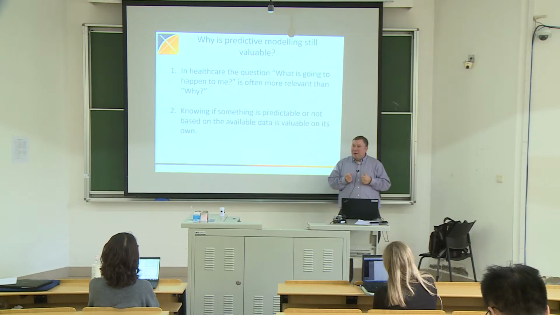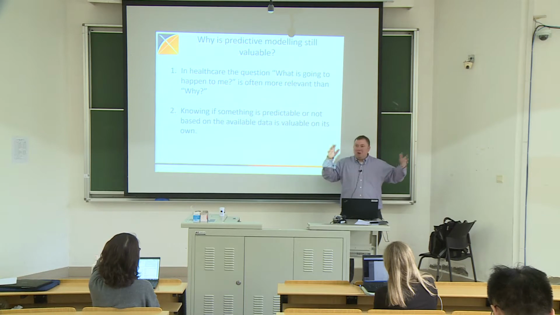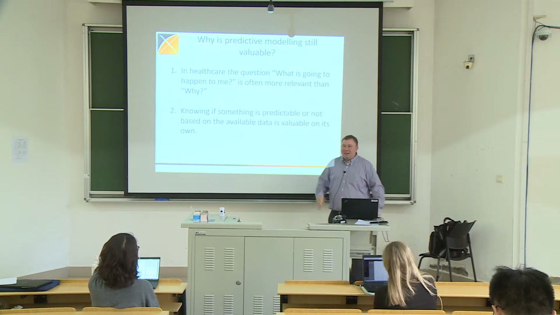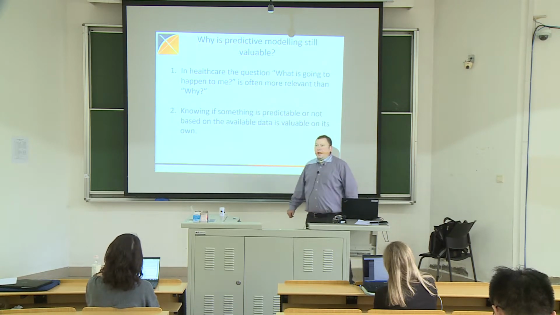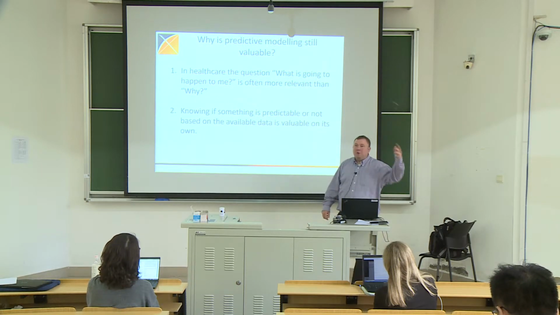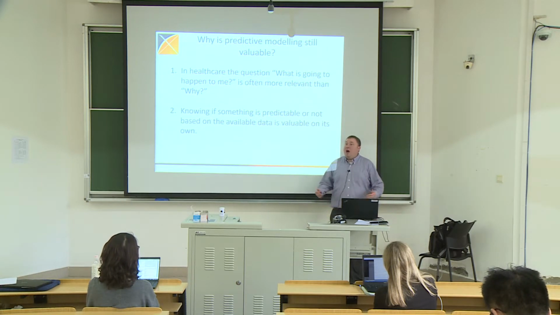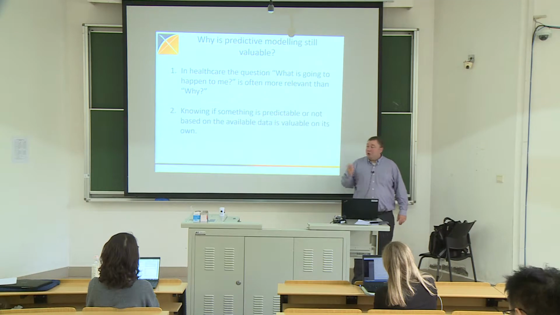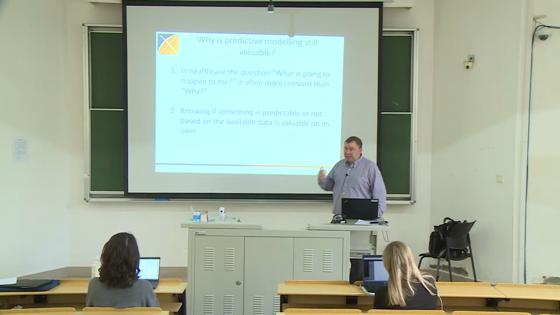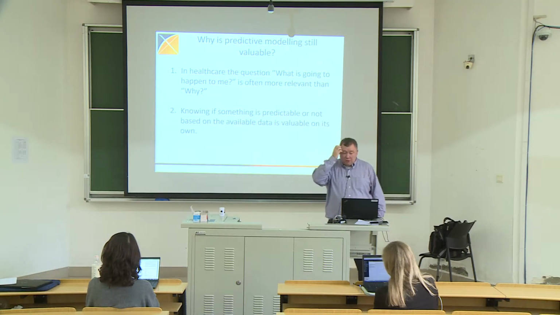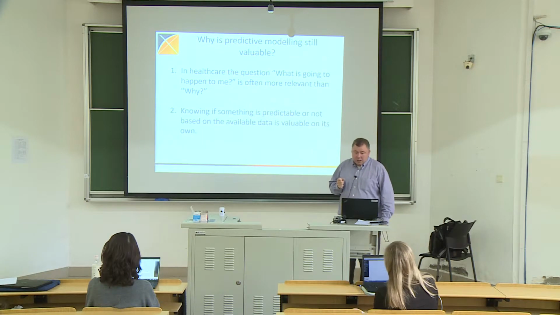When a patient wants to know what's going to happen to them, they do not need an explanation of the biologic plausibility of all that's going on in their body. They just want to know, am I going to be the person who gets lymph node metastases or not? And so knowing what's the chance that something's going to happen to me is still quite important.